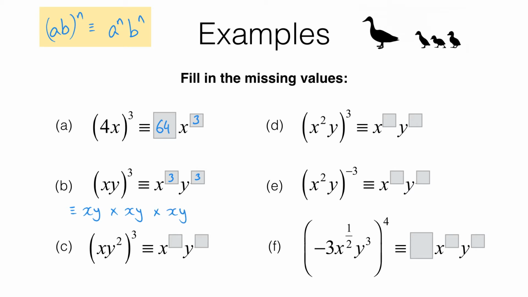Now, there are invisible multiplication signs between the x and the y as well. So what we've really got is x times y times x times y times x times y. And all together in there you can see we've got an x times an x times an x. That's where we get the x cubed from. And we'll also have that multiplied by a y times a y times a y, which is where the y cubed comes from.